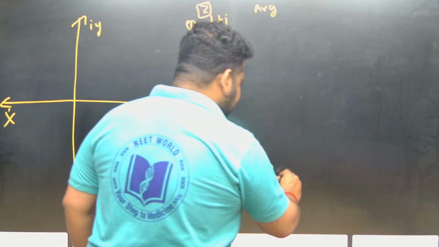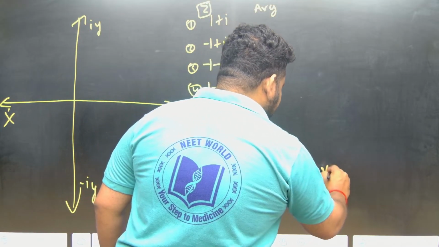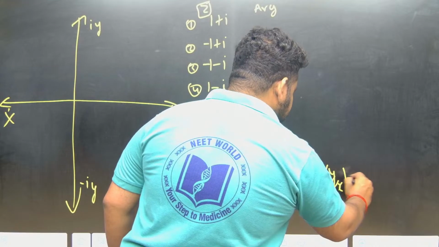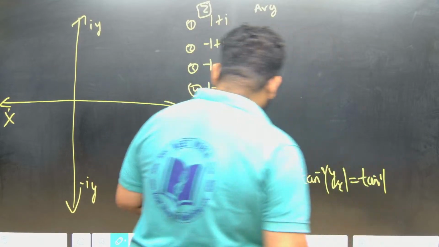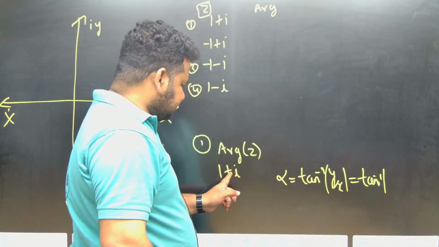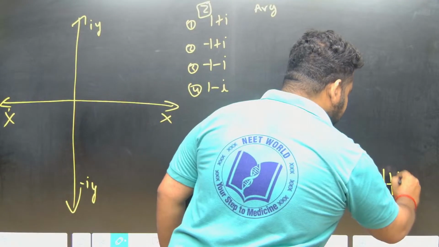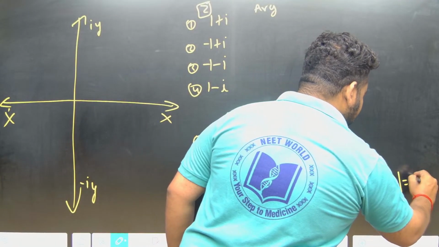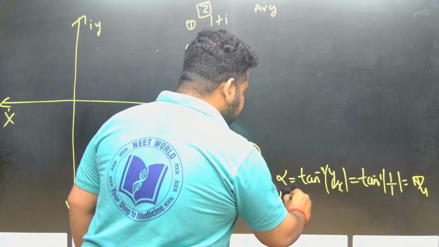So alpha will be tan inverse of mod y by x. Here, y is 1 and x is 1, so 1 by 1. That is tan inverse of 1, which is equal to pi by 4. So alpha we got as pi by 4.